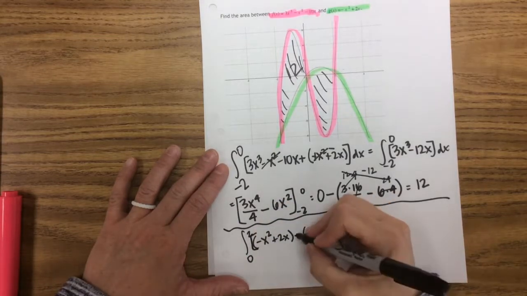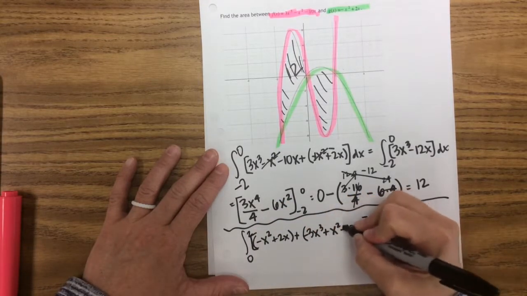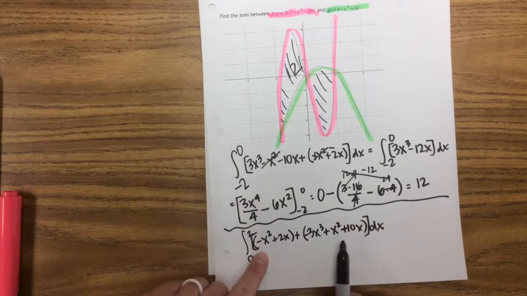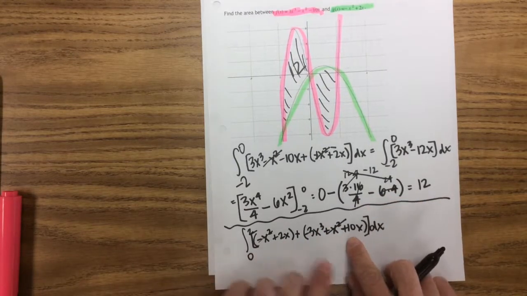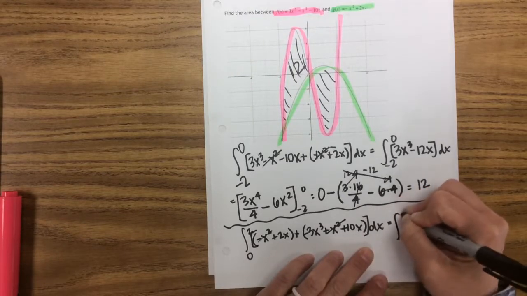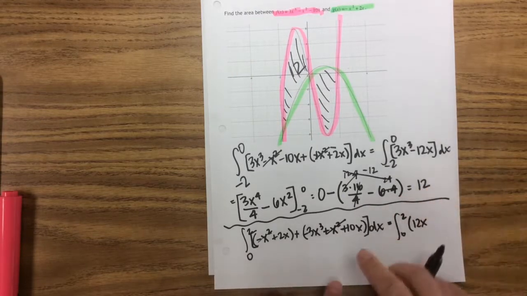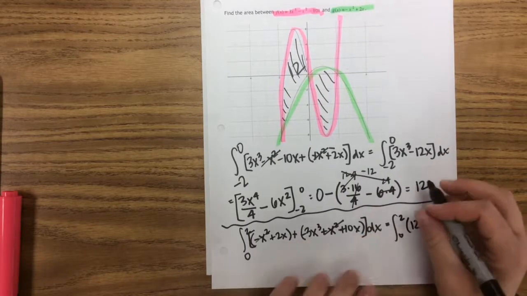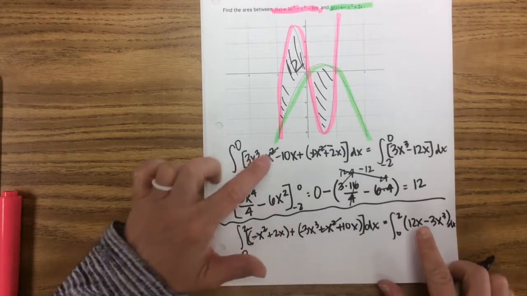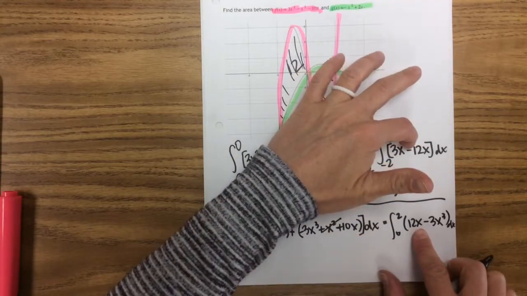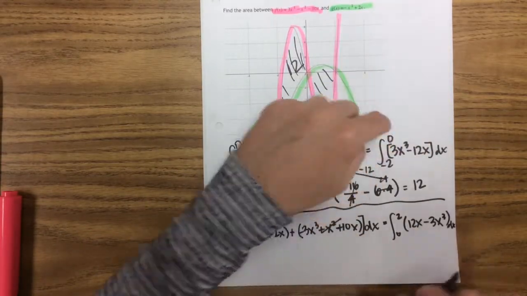And I'm going to distribute my minus and combine like terms. Looks like my x squareds will cancel again. I'll have 12x and minus 3x cubed. So my function ends up being very similar. It's just because I switched them around, the signs are switched.